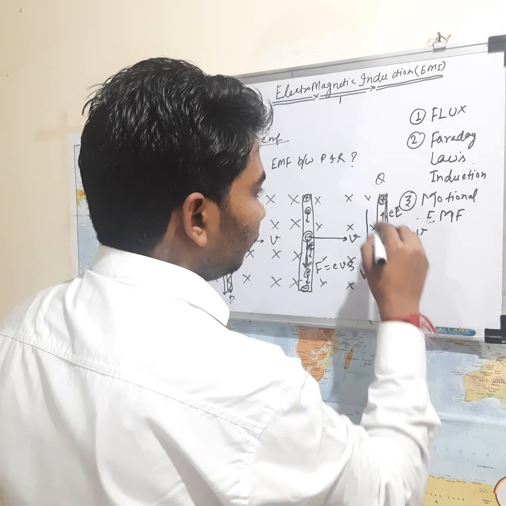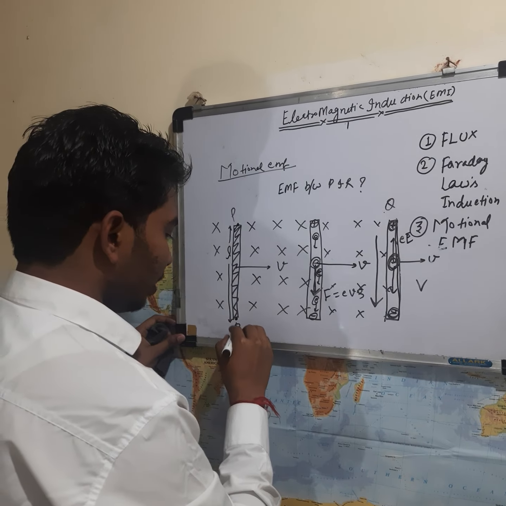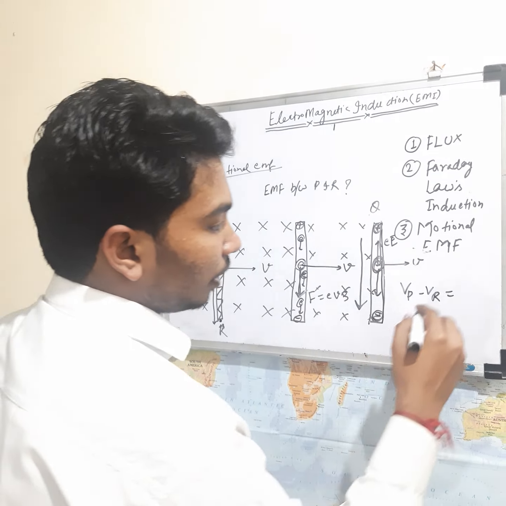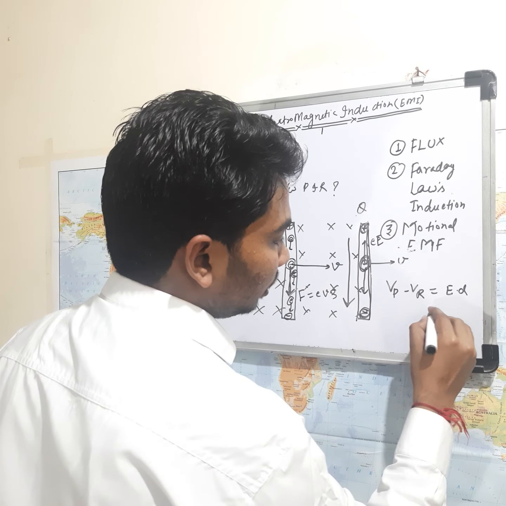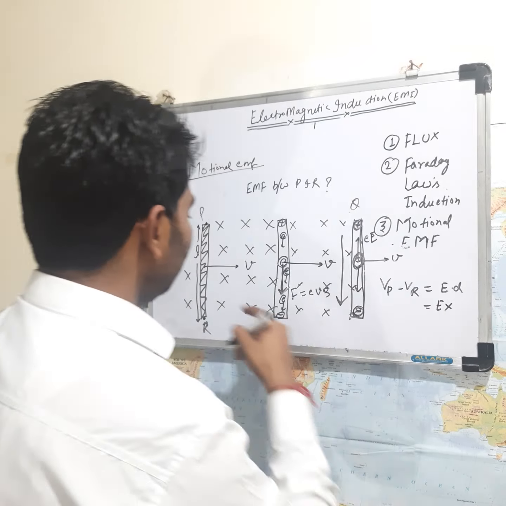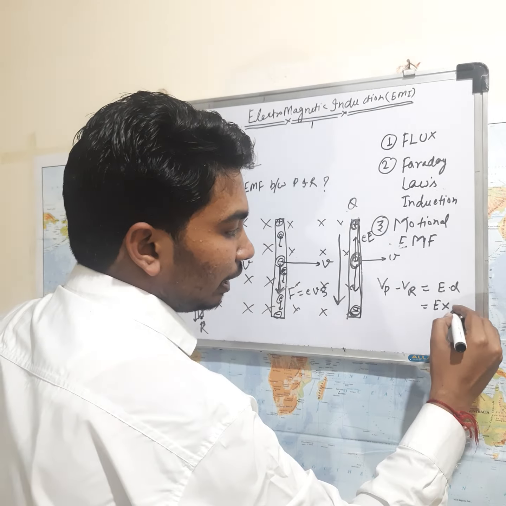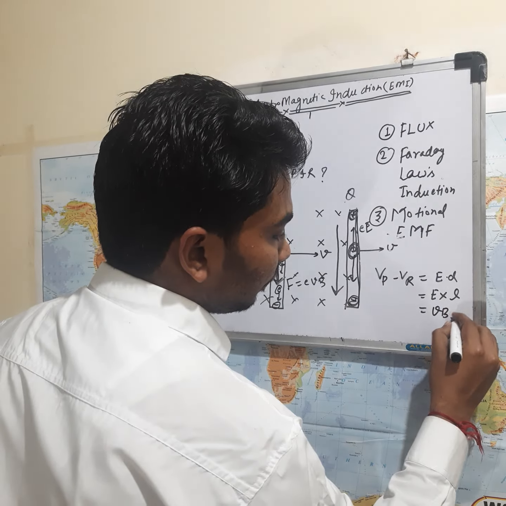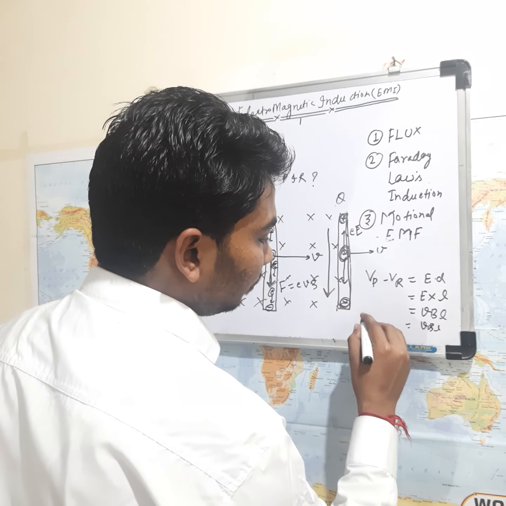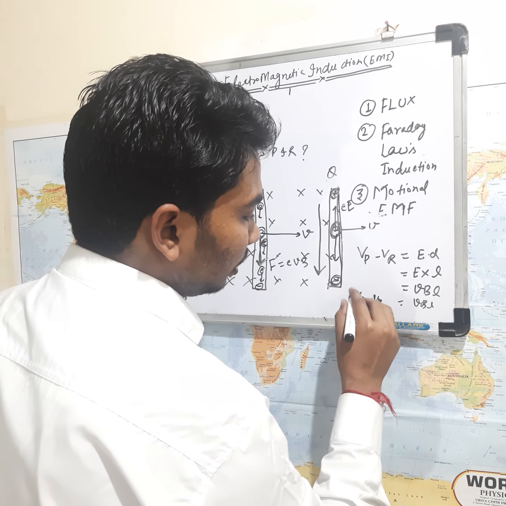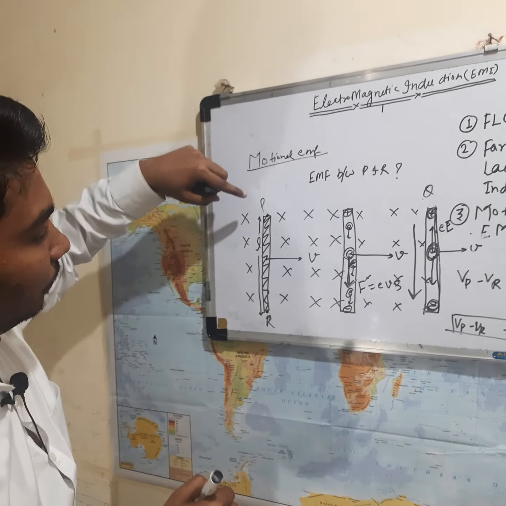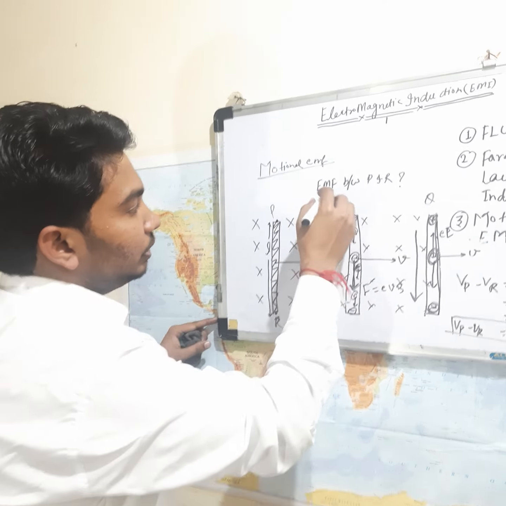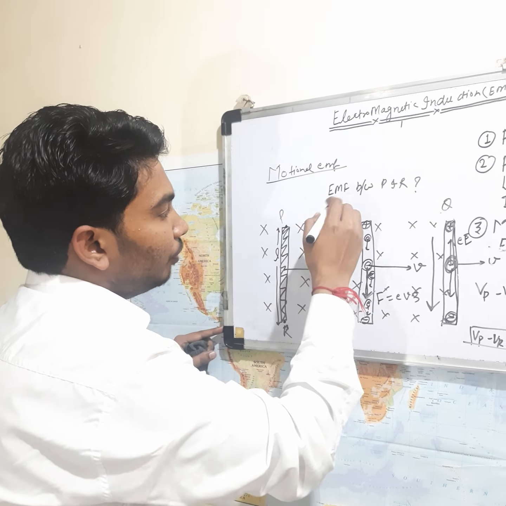This is P and this is R, so Vp minus Vr is equal to E into L, where L is the length of the rod. And E is VB, so VBL is the potential difference between the points P and R. Okay, so that is the answer, the EMF, or you can say the voltage, or the potential.